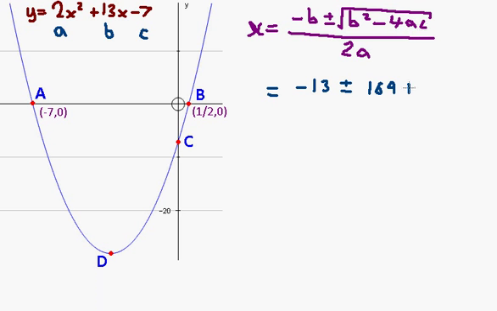Two negatives definitely make a plus, and 4 times 2 is 8, 8 times 7 is 56. So it's plus 56, square rooted, all over 2a, and that's 2 times 2, which is 4.